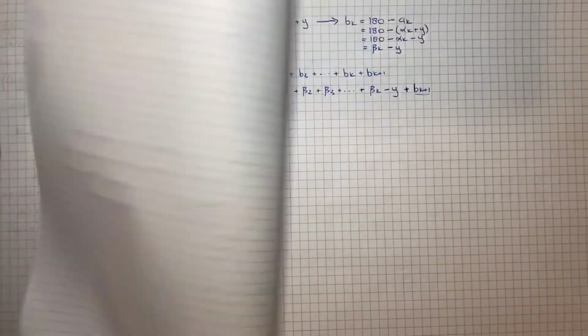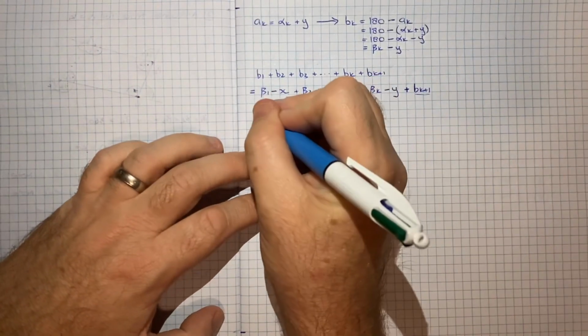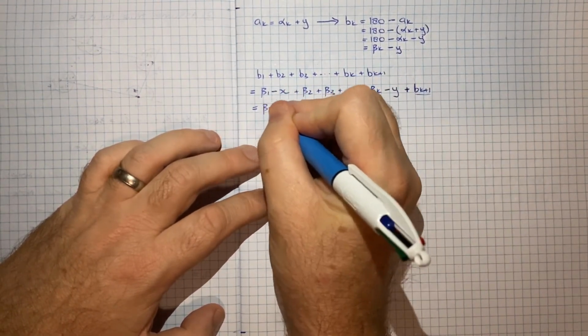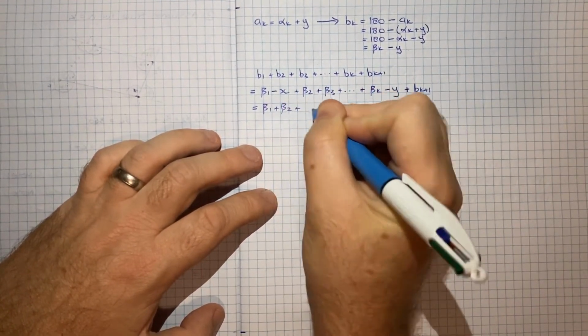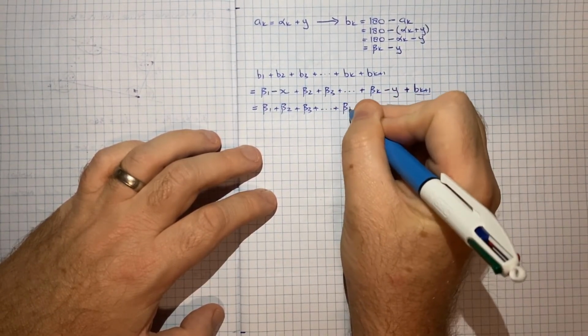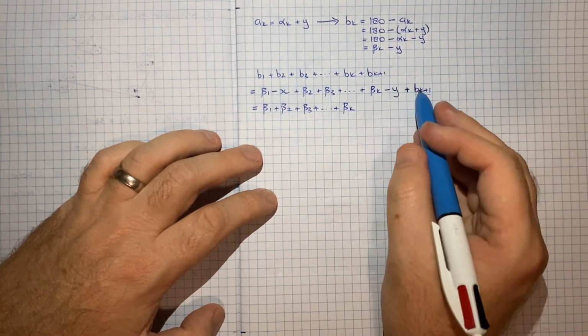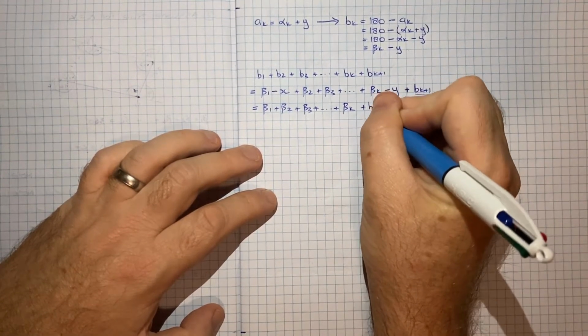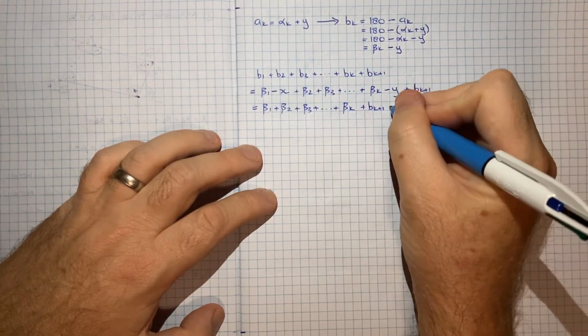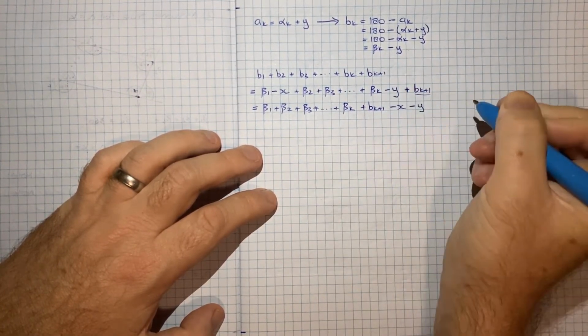But for now, let's just kind of clean this up a bit. So we can say this is equal to, and I'll just bring all the betas together. So we'll get beta 1 plus beta 2 plus beta 3 plus and so on, up to beta k. And then we've got this plus bk plus 1 that we've left as is. And then we've got a minus x and a minus y.